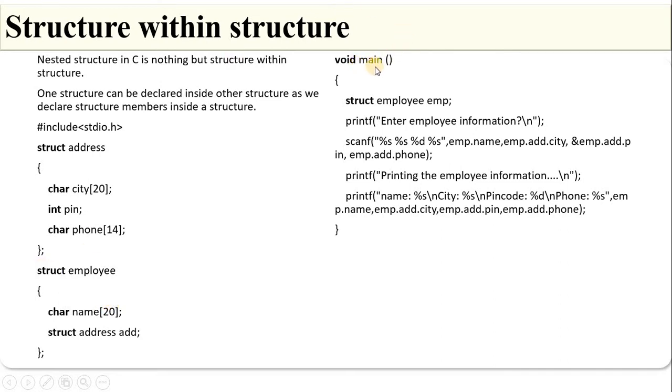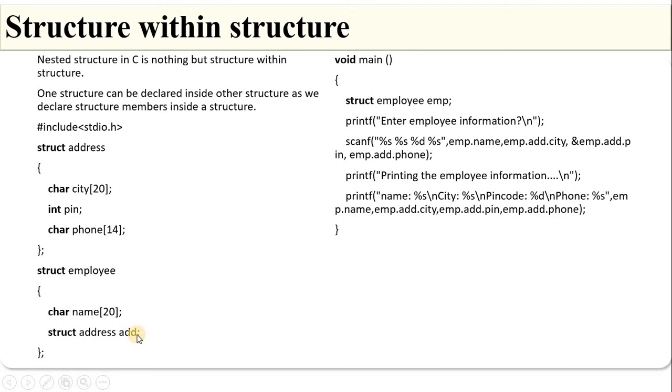Let's see a sample program showing how we can access the members of a structure within a structure. Let's say I'm declaring a variable of type struct employee. I'm asking the user to enter the employee information. Employee name, I'm getting the employee name. And then for the address, this add is a variable of type struct address.